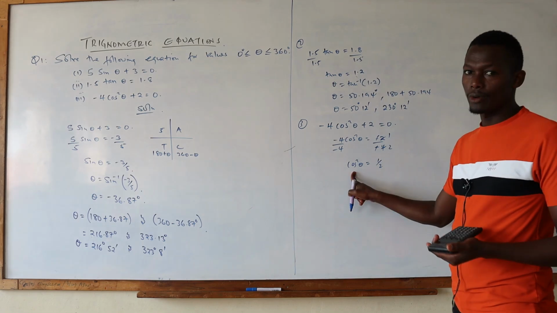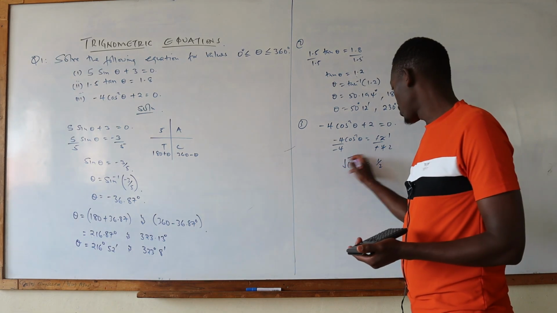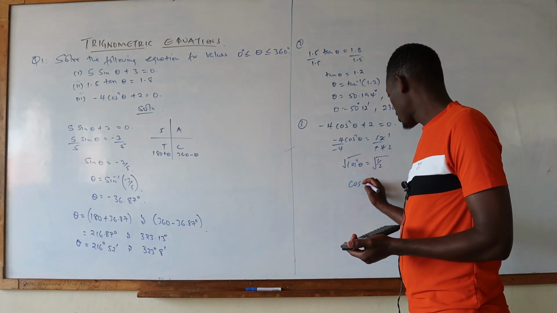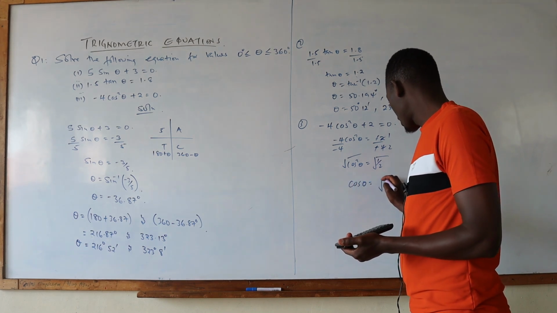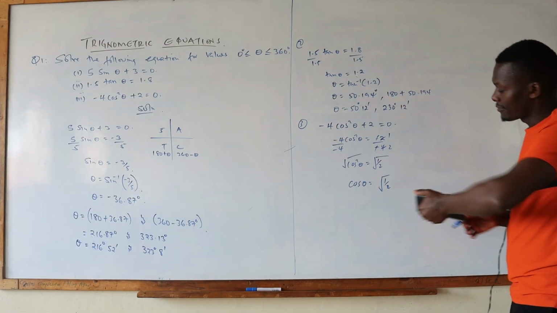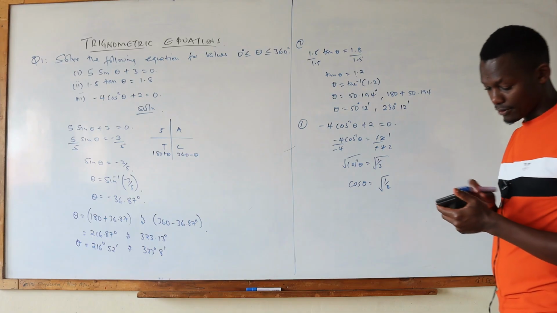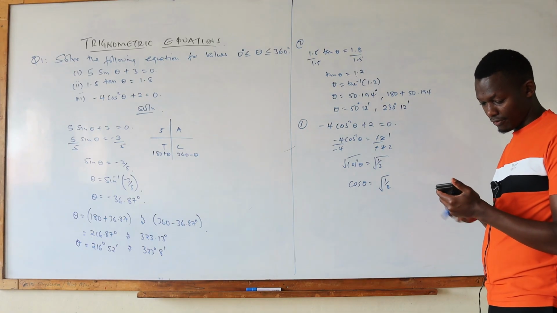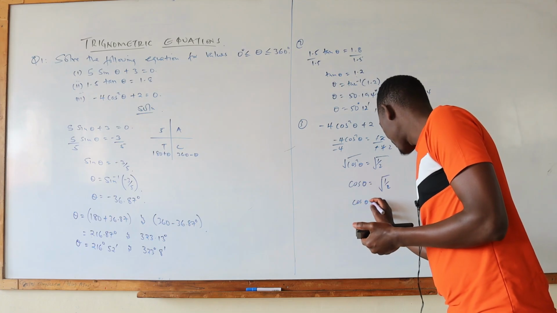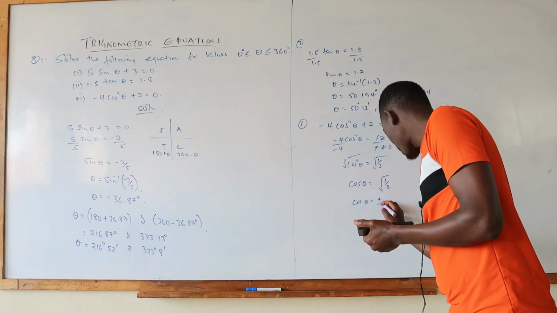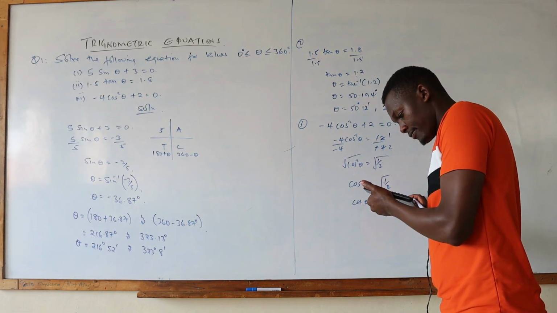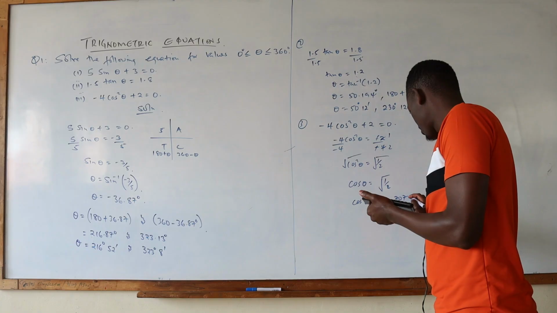But remember, this one is a square, so get the what? The square root both sides. So you'll have cos theta gives you the root of 1/2. And the root of 1/2 can either be positive or negative. So first of all, you can find the root of 0.5, and you get that cos of theta can either be plus or minus 0.7071.